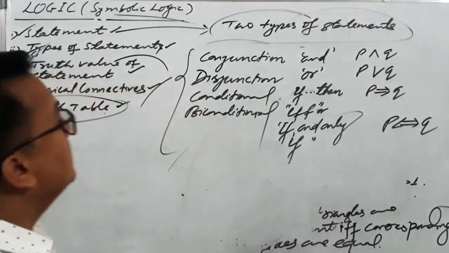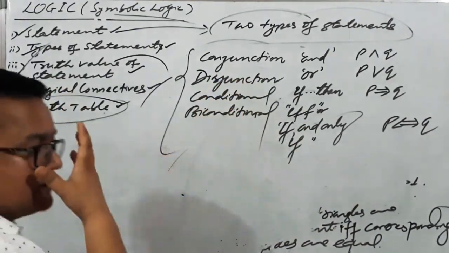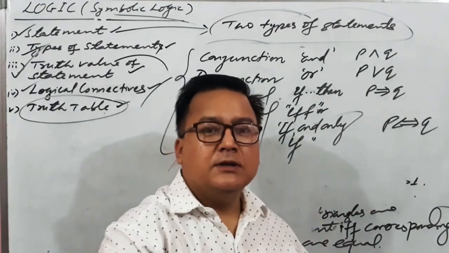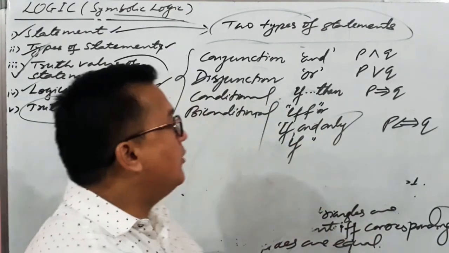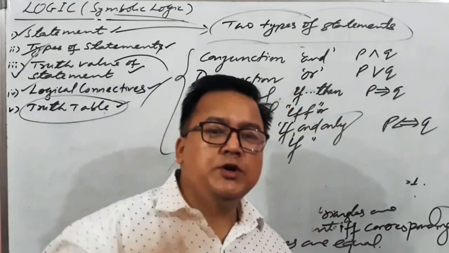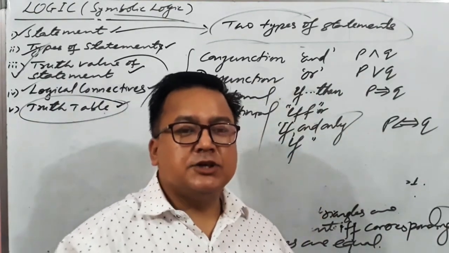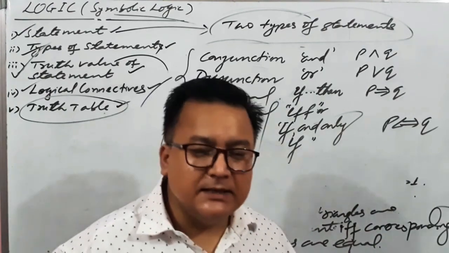Once you know how to construct the truth table for these compound statements, then you can construct truth tables for any type of compound statements, right?